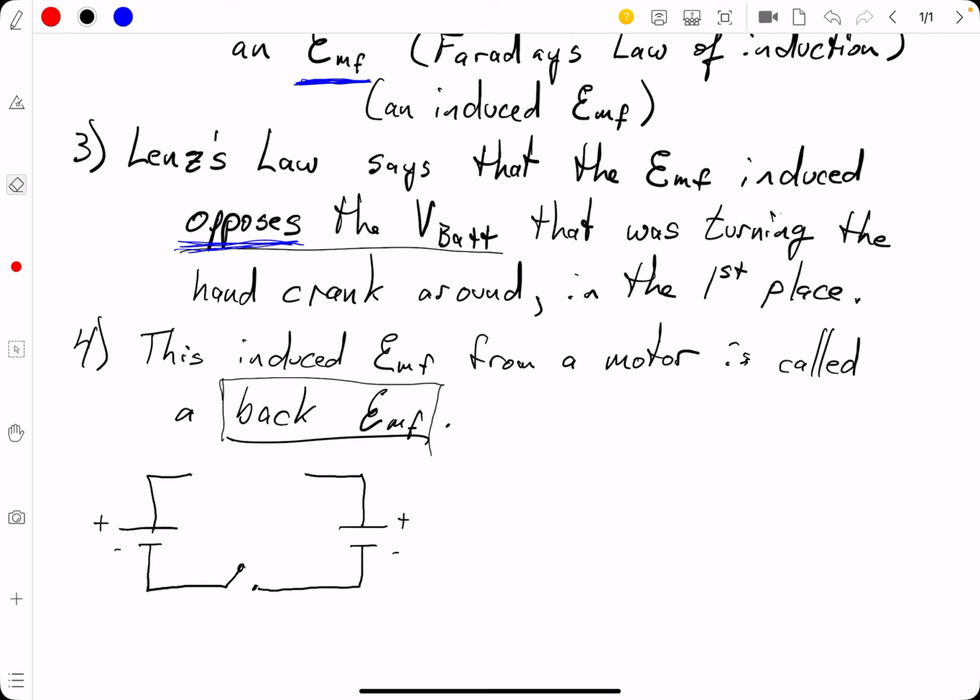Let's see if I can do this better. Do a nice Charlie Brown t-shirt. Okay, that's our load. This is our V battery. And over here is our EMF B. All right, we're going to put a little B on there for back EMF.